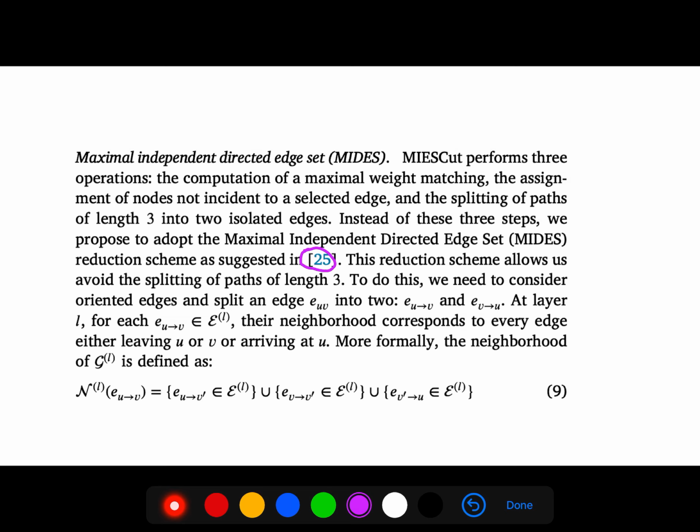To do this, we need to consider oriented edges and split each edge into 2.